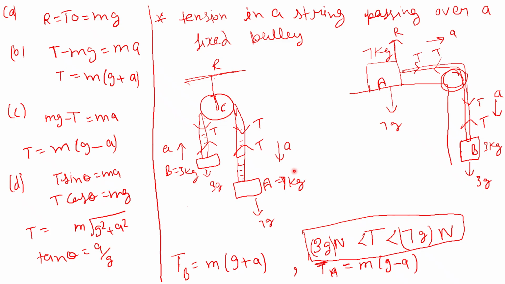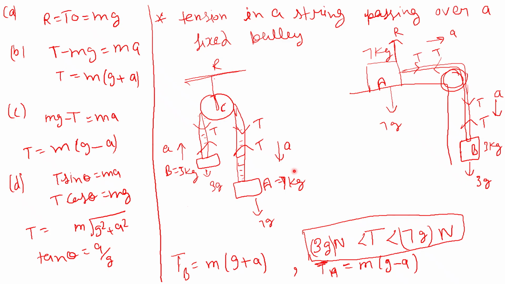So magnitude of acceleration of A or B is equal to F by M, 0.4g meter per second squared. Now as A is accelerated down while B up, tension TA is less than 7g newton and TB is greater than 3g newton.